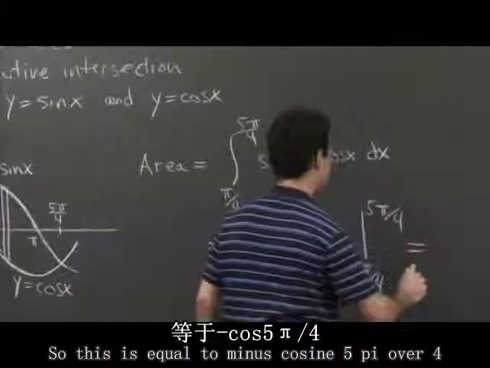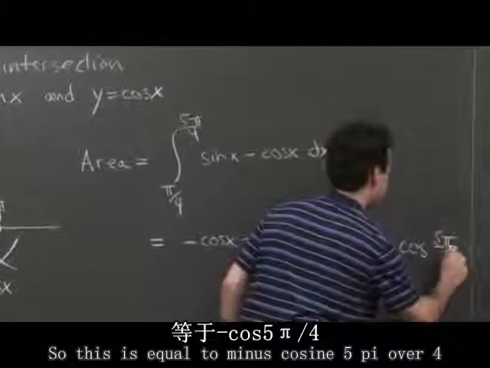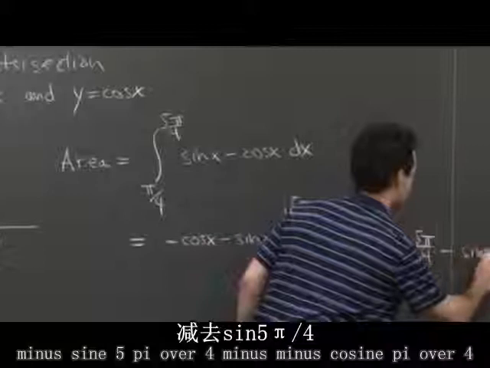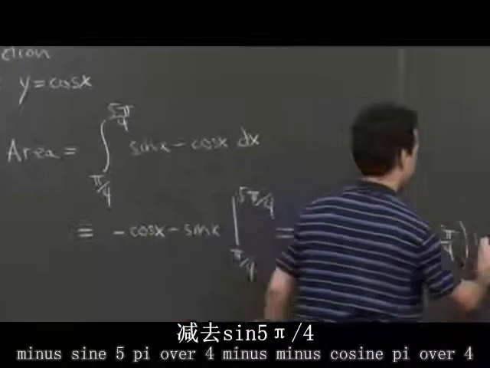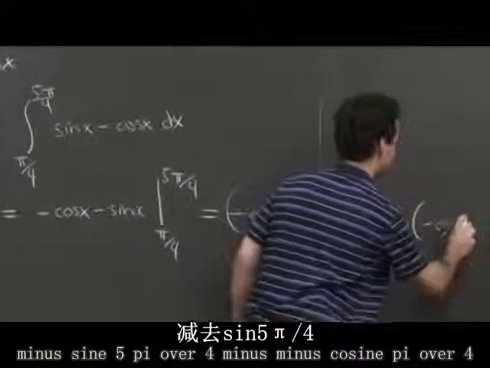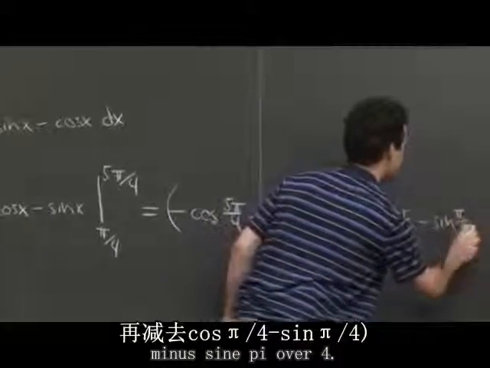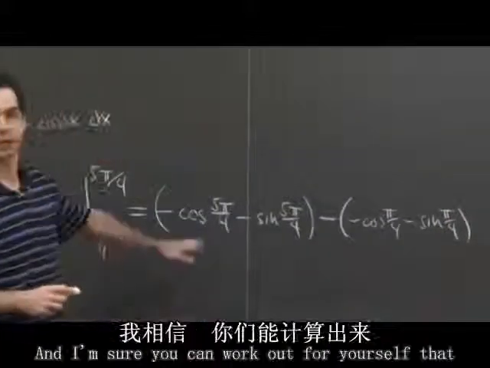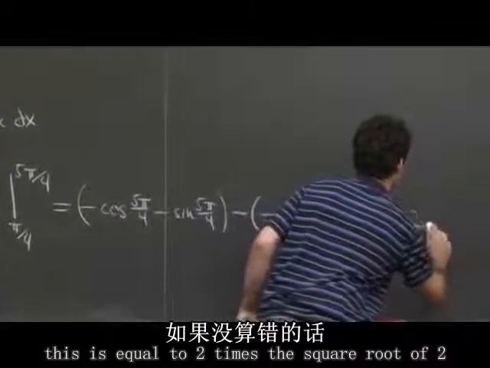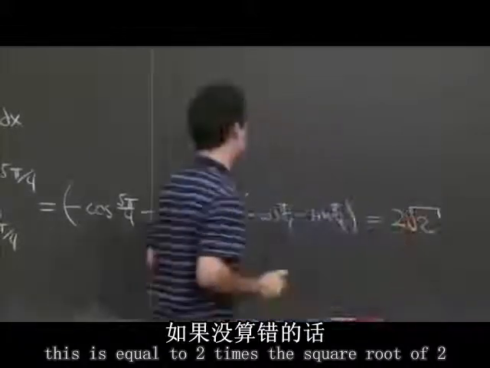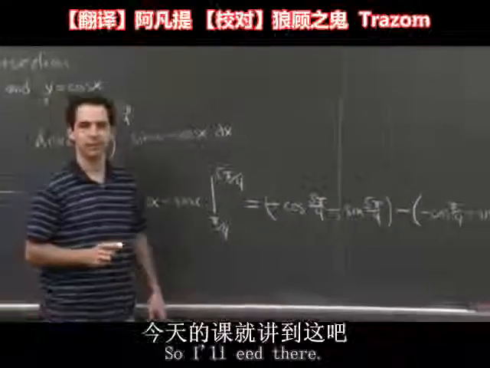This is equal to minus cosine 5 pi over 4 minus sine 5 pi over 4, minus, minus cosine pi over 4 minus sine pi over 4. I'm sure you can work out for yourself that this is equal to 2 times the square root of 2, if I haven't botched anything terribly. So I'll end there.